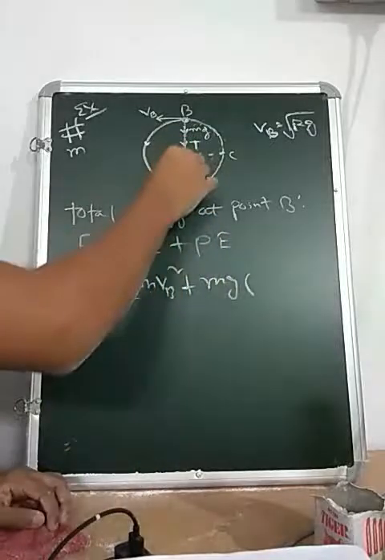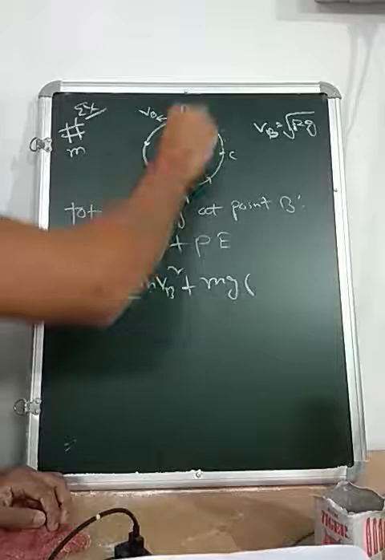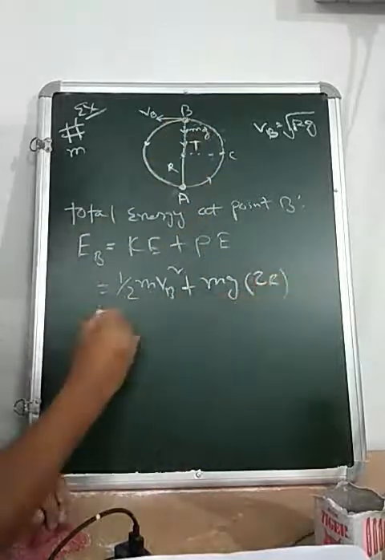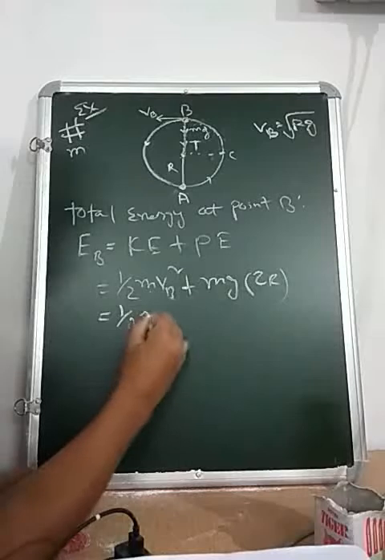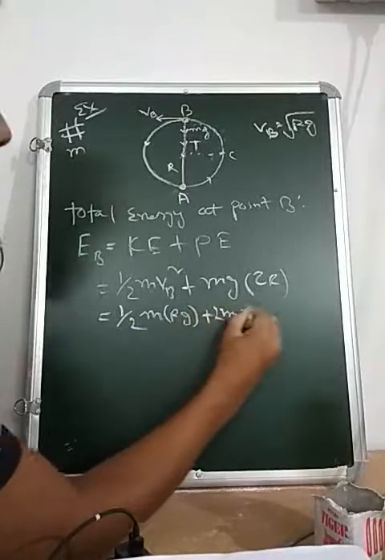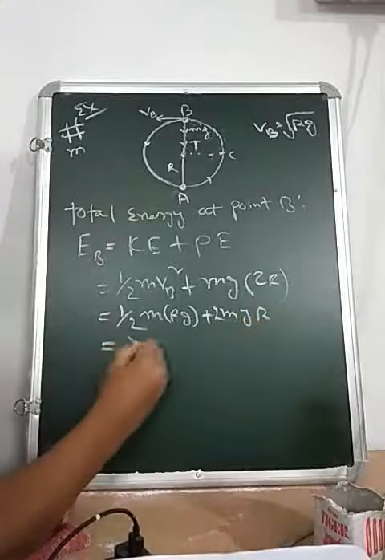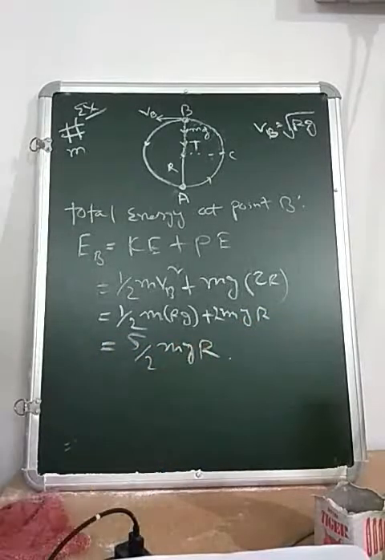h will be how much? The radius of the circular track is r, so at the highest position it will be r plus r, twice r. If you put the value of Vb, what do you get? Half m r g plus twice m g r, or you can write 5 by 2 mg into r.